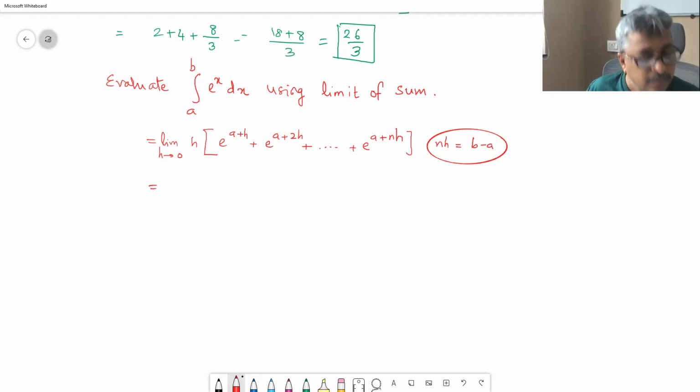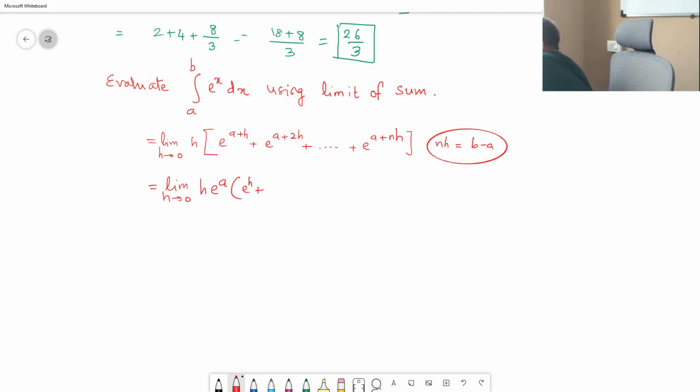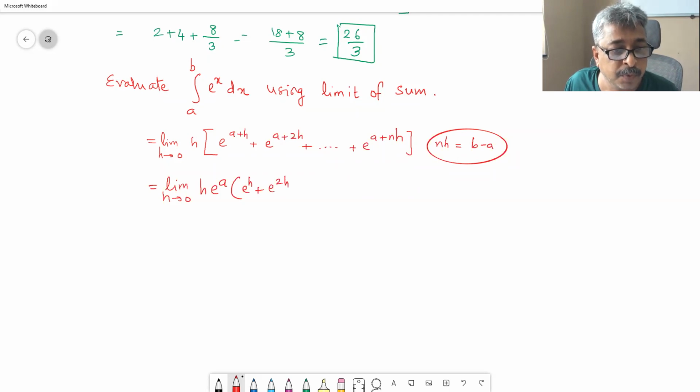So limit h tends to 0, h into e raised to a can be taken out common, and then inside bracket e raised to h plus e raised to 2h plus dot dot plus e raised to nh.